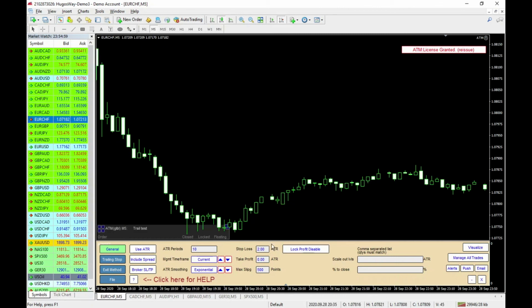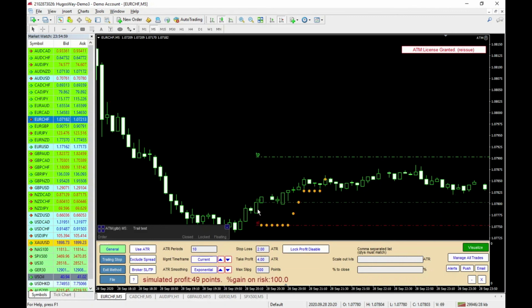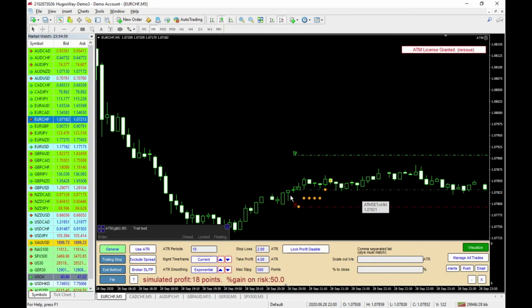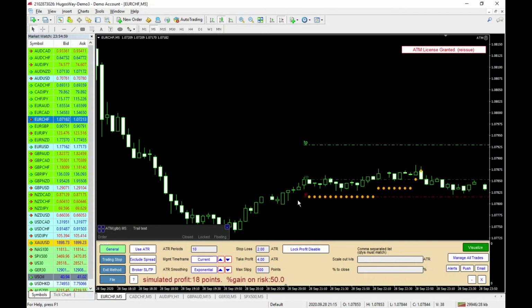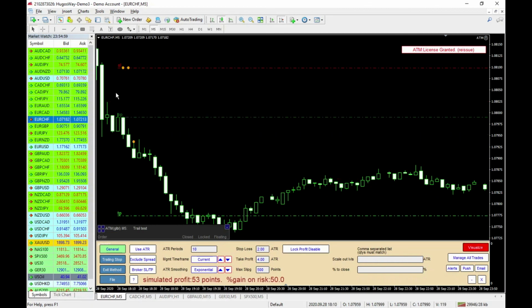So let's try putting it on here. 4, exclude spread, visualize bullish. Here we're getting appropriate targets. We're not getting large moves up, but it's relatively appropriate to the size of movement. If we visualize bearish and we come up here, notice that we have appropriate targets based on the amount of movement that's happening.